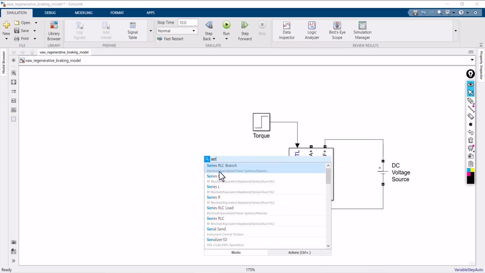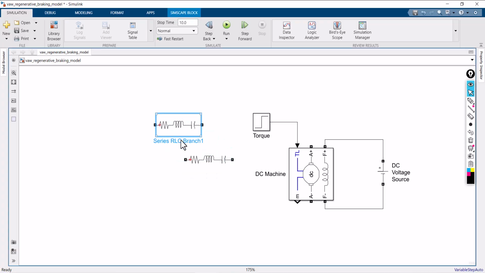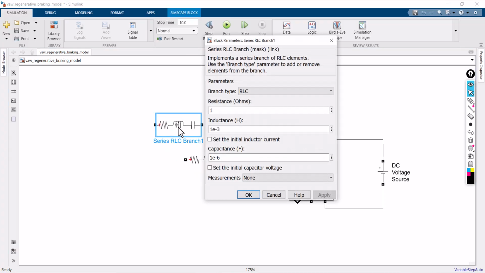I need a series RLC branch because I need an inductor as well as a capacitor.